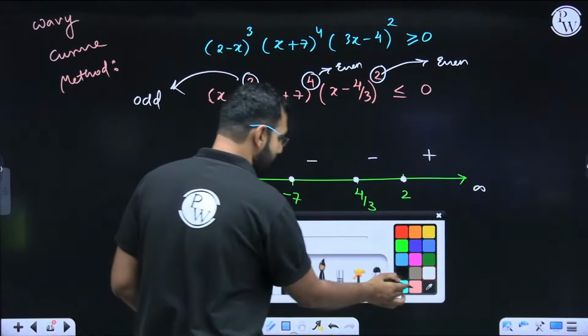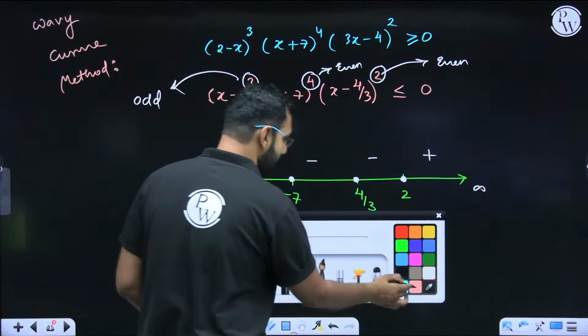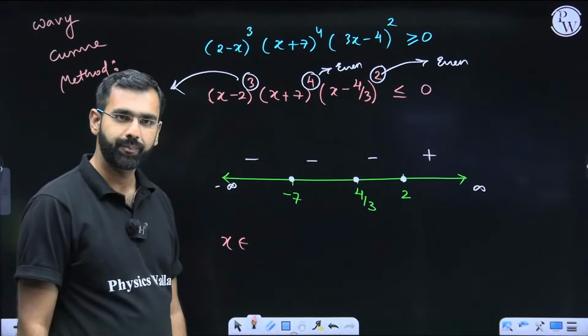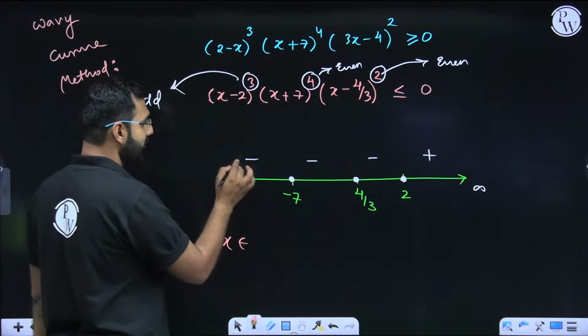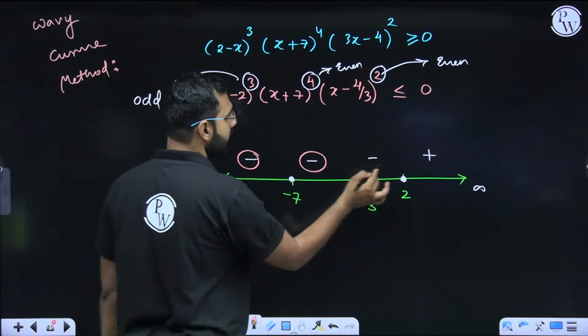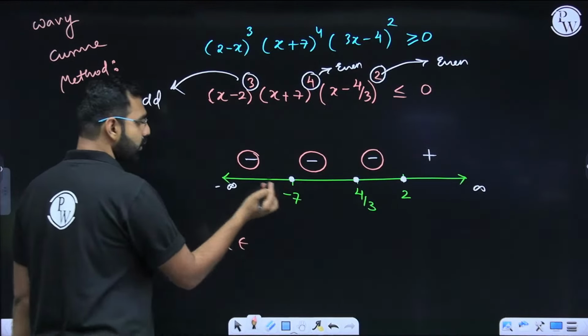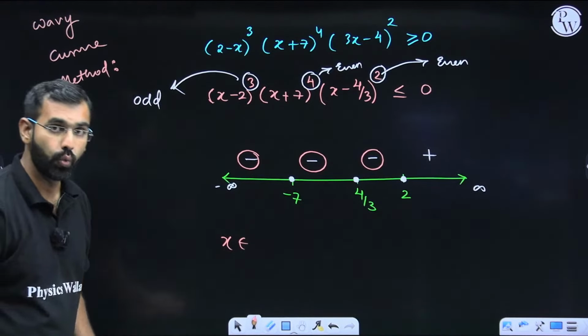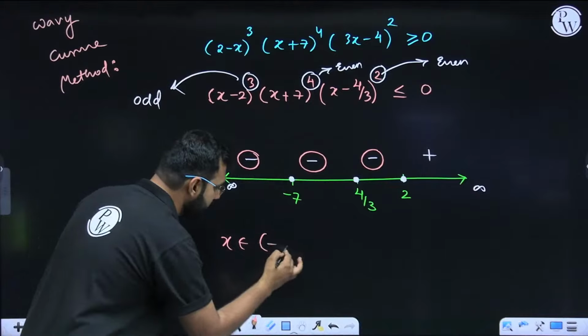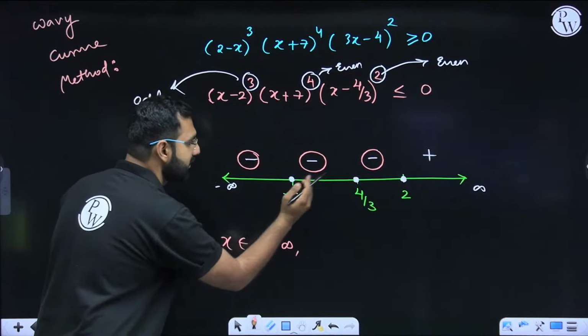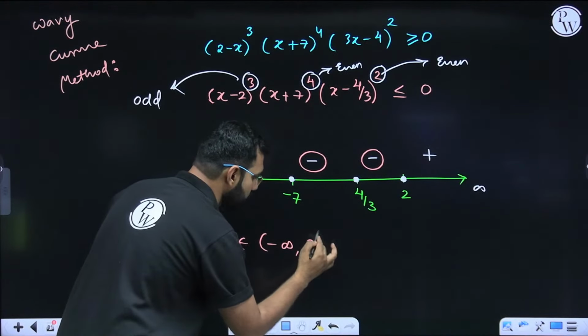Now from here, when I go ahead with my final conclusion, I will say, sir, I want this expression to be negative or 0. So when do I see it to be negative? We see it to be negative here, here, and here. And where do we see it to be 0? Sir, at minus 7, 4 by 3 and 2. You will write your answer as minus infinity to 2. I hope this satisfies it.